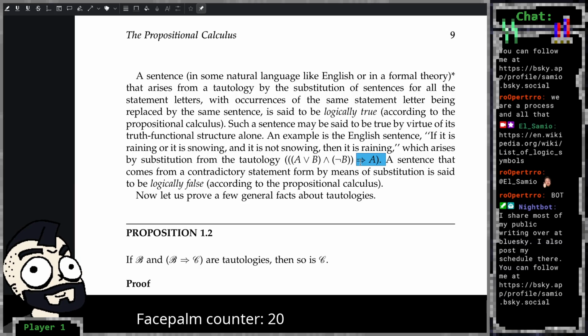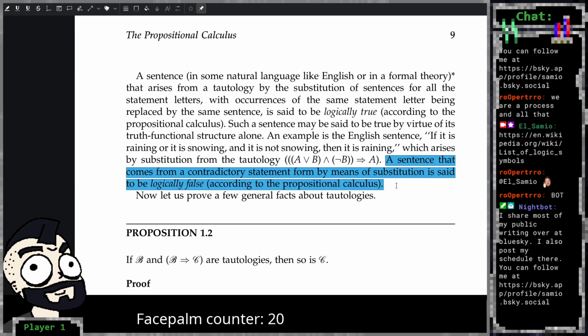So, kind of intuitive. A sentence that comes from a contradictory statement form by means of substitution is said to be logically false, according to propositional calculus. Again, a contradiction in this sense is only a contradiction when it arises from the pure combination of its logical connectives.